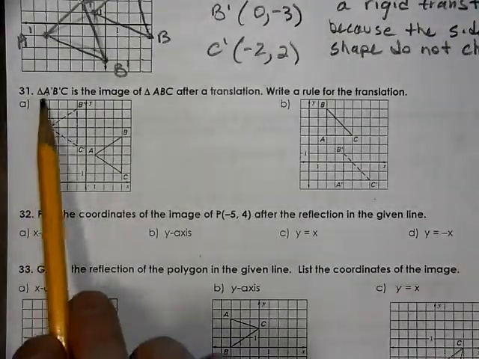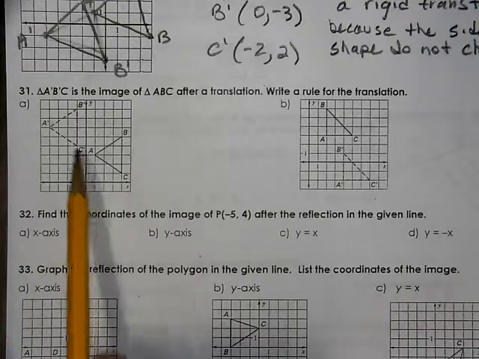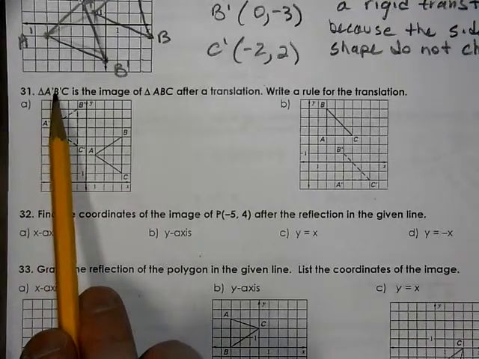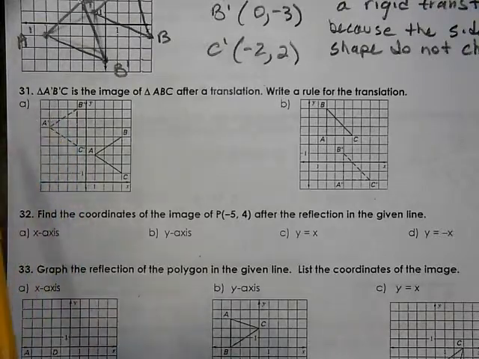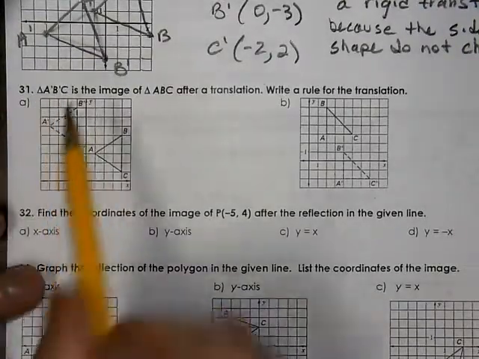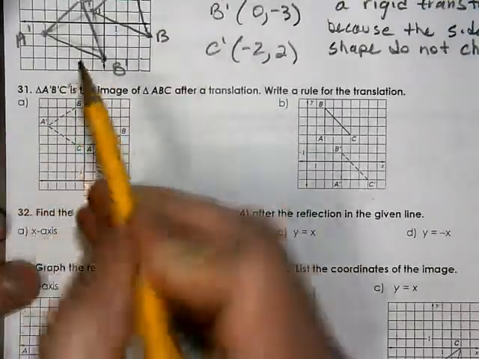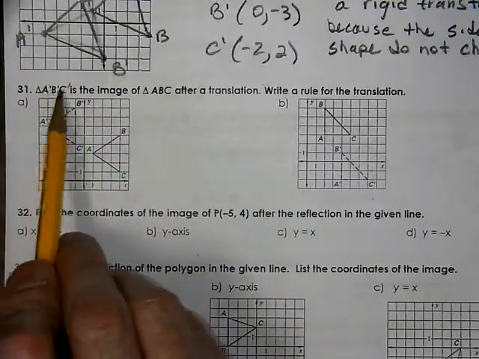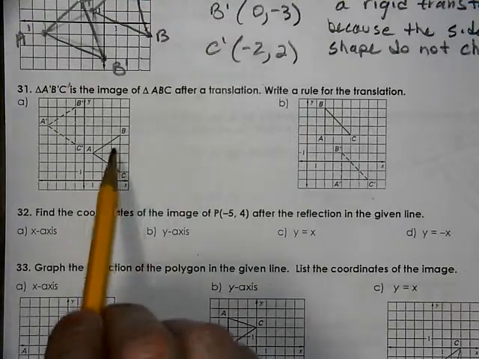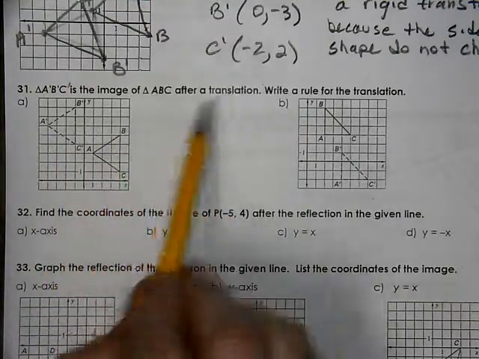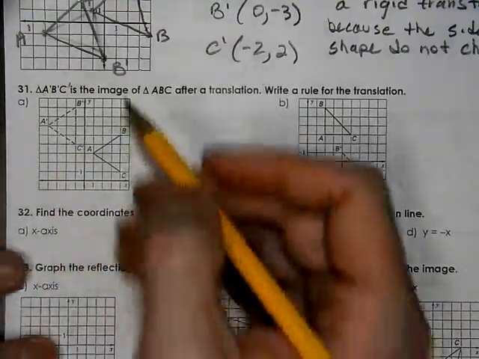For number 31, we have triangle A prime, B prime, and let's see, this should be C prime. So triangle A prime, B prime, C prime is the image of triangle ABC. So what is the translation rule for getting there?